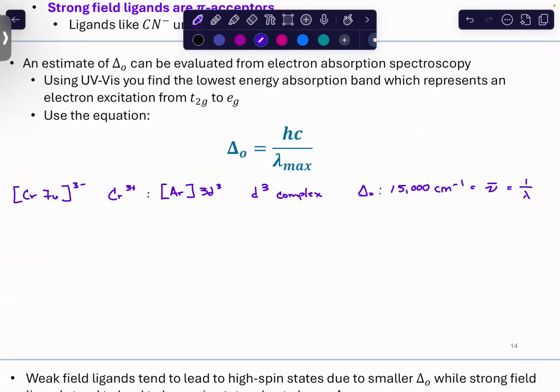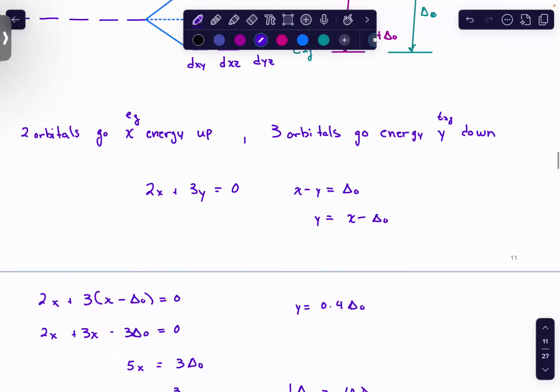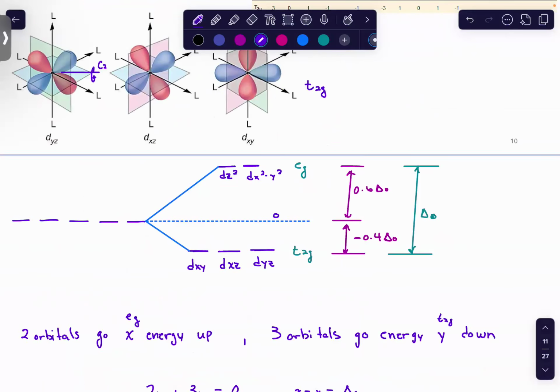Now, as a high spin d3, what level are all of your electrons going to be? Let's go back up and look here. Oh, they'll all be in the t2g. Yeah, t2g. Because if you went high spin d5, you're going to fill all of them with one electron, but you're still going to go lowest energy to highest energy. Sure. So a d3 is going to fill the dxy, dxz, dyz first.